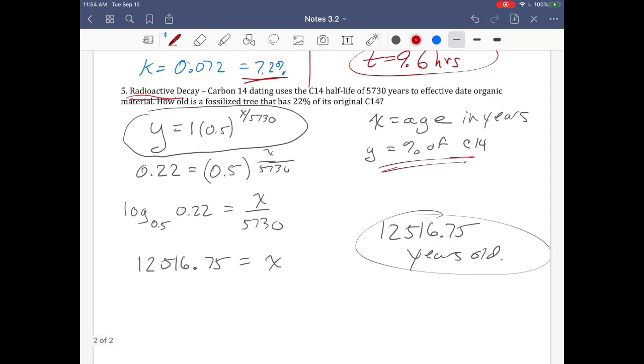So when we're saying how old, it means we're going to have to solve for x based on a percentage. So you plug in 0.22 as the percent. The 1 is irrelevant here. So x is how old? 5730 is the half-life. So remember that the fraction x over 5730 is the number of half-lives.